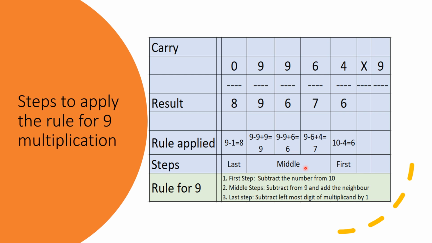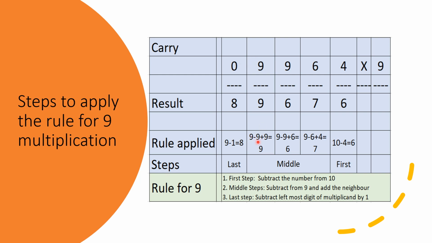And the next is on the next digit, where we will have to subtract from 9 and add the neighbor. So here we are subtracting the number from 9, so 9 minus 6 plus 4 as the neighbor, so it is 7. And again here 9 is the number, so we subtract 9 minus 9, and plus 6 as the neighbor, so it is 6.